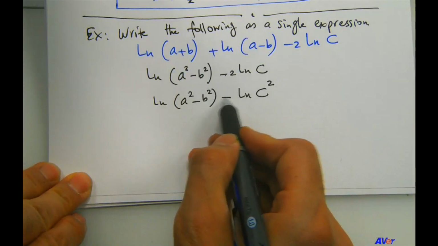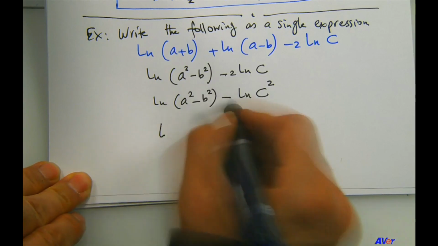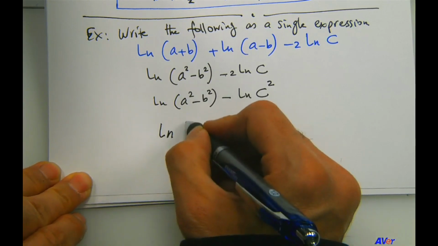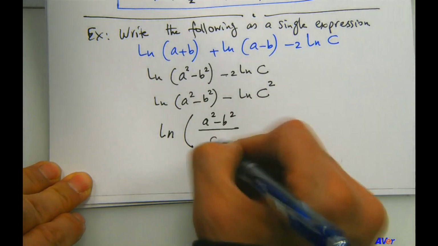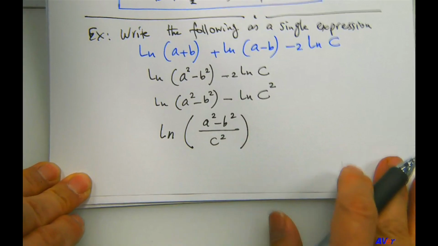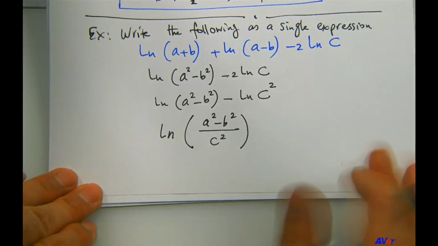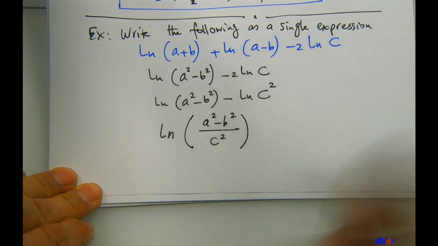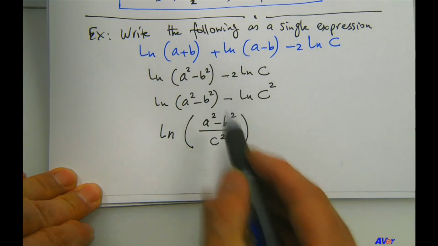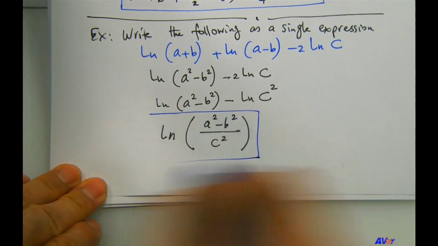Now, because we have a subtraction operation in between, we can write this in the form of a quotient. So natural log of a squared minus b squared over c squared. Okay, so can we make this any more compact than we've already done? No, this is as compact of an expression as we can get. So that's where we stop.